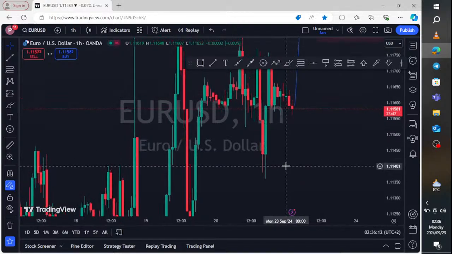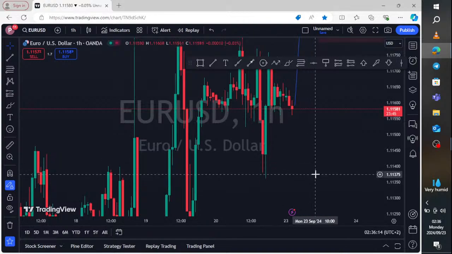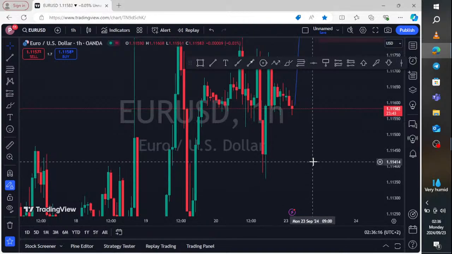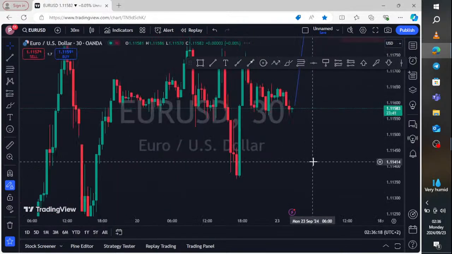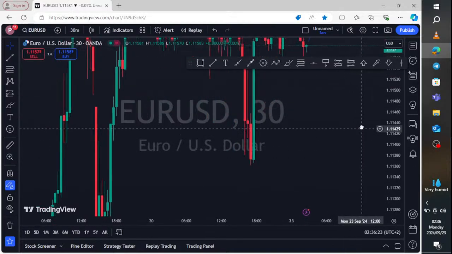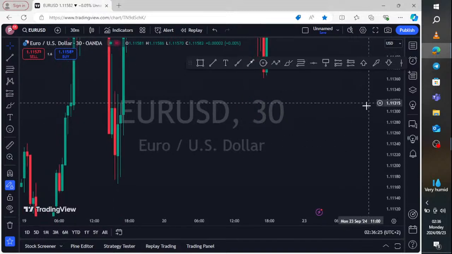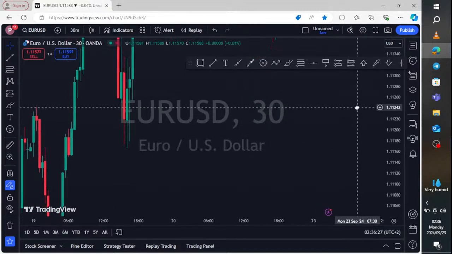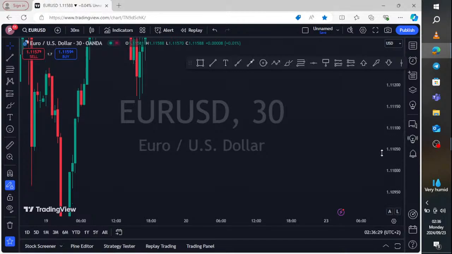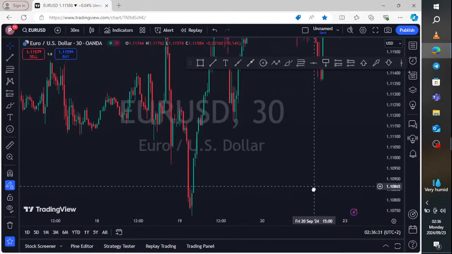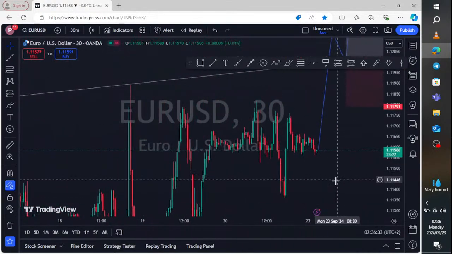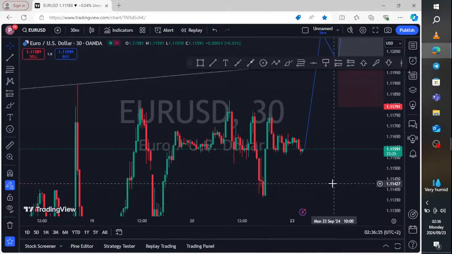For the fact that it's not there, what I'll be doing is pretty simple as well. Go to the 30 minutes time frame and try to look under it. Under the 30 minutes time frame, neither do we have anything. Okay, neither do we have it as well.